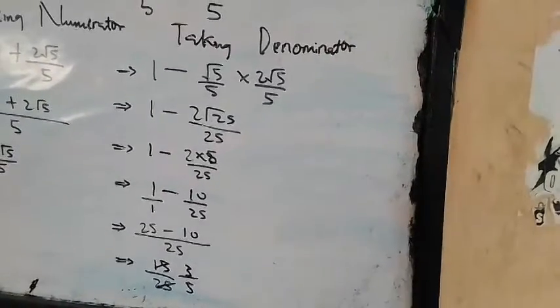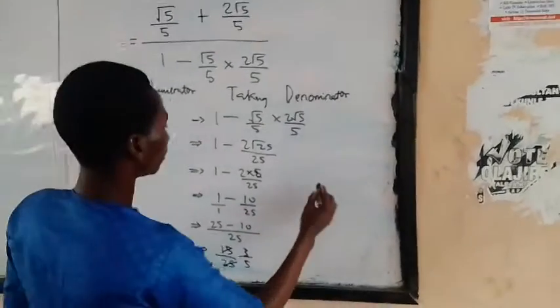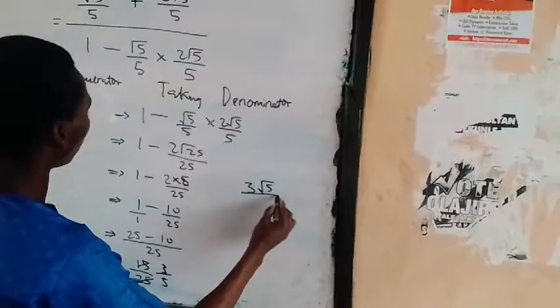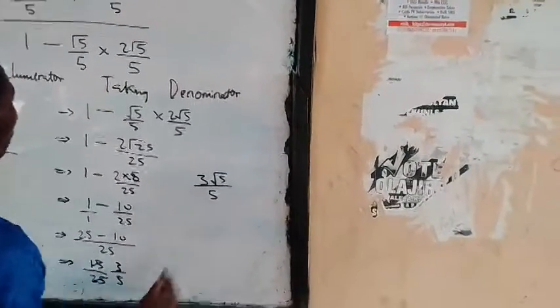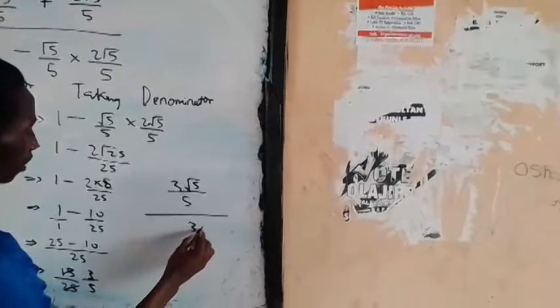So taking our numerator and denominator together, our numerator is 3 root 5 all over 5, while our denominator is 3 all over 5.